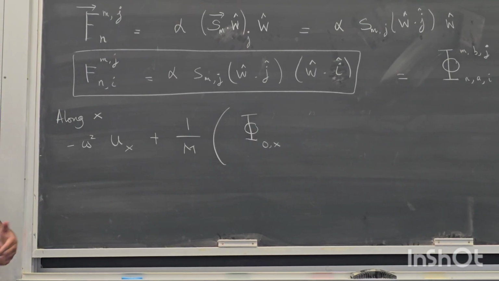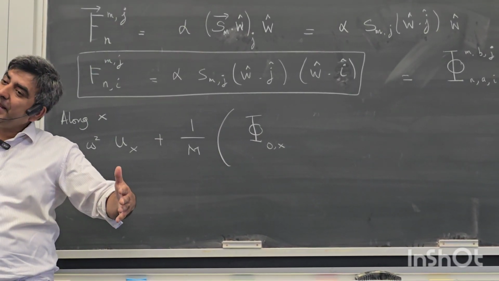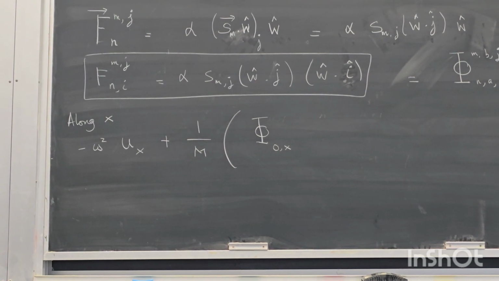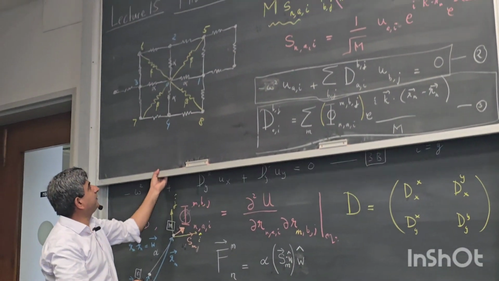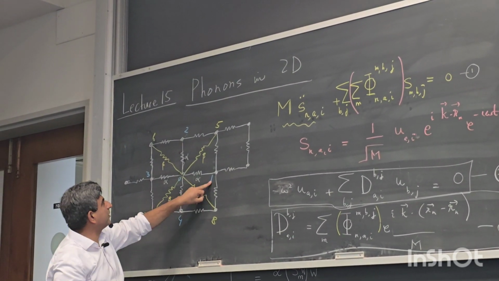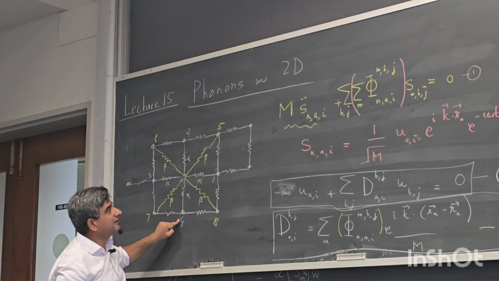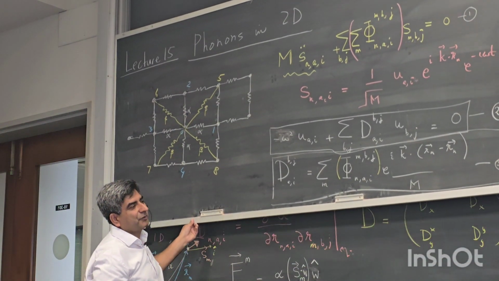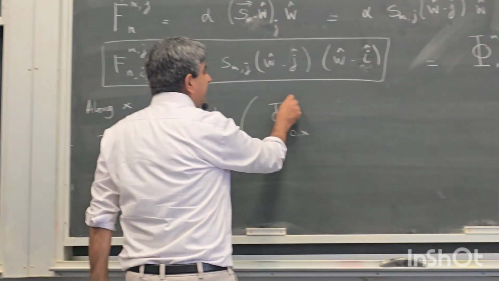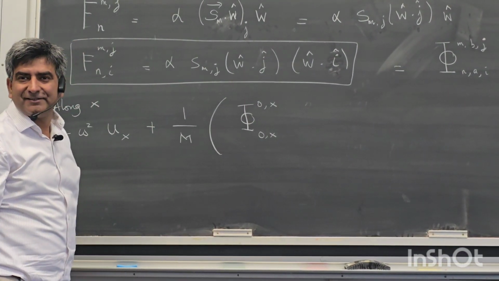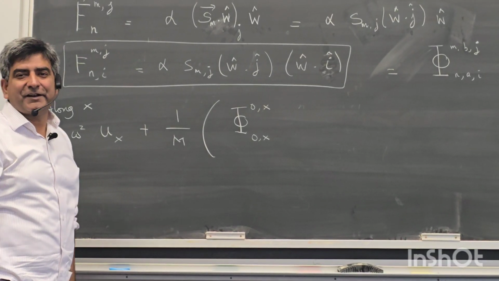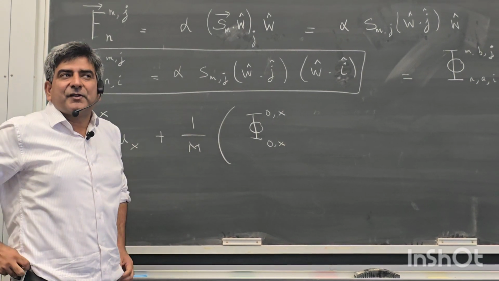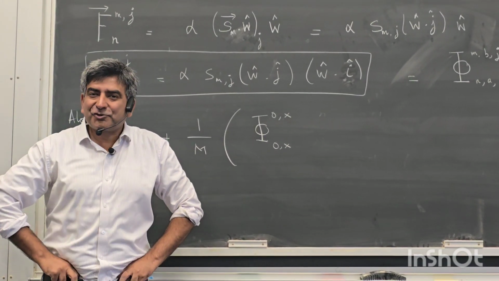And in the superscript, I need to iterate over all possible m's, all possible m's with which this atom at location 0 is interacting. And all those m's are 1, 2, 3, 4, 5, 6, 7, and 8. Okay, so I need 0x, 0 itself x, because if an atom moves on its own, it will interact with itself as well. It will cause some force on itself, that's called the restoring force.